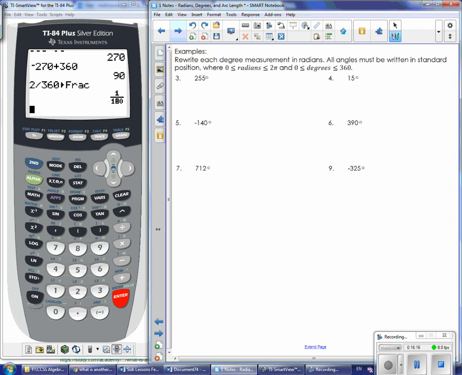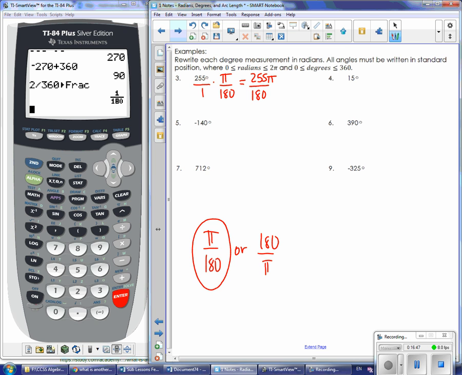If I want to convert 255 degrees into radians, I'm either going to be multiplying by pi over 180 or 180 over pi. Well, if I want to convert it into radians, I need to have the pi on top. So that's the quantity I'm going to multiply by, times pi over 180. And just think about your rules for multiplication. 255 is a whole number, so I can put it over 1. So this actually is the same thing as 255 pi over 180.